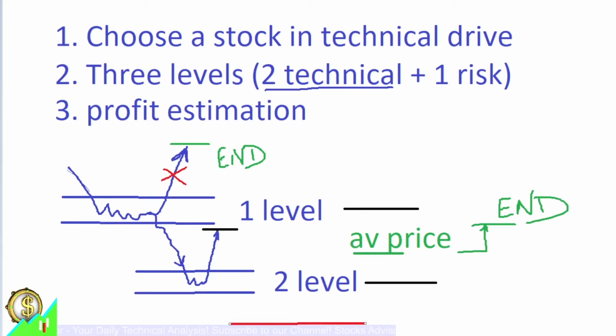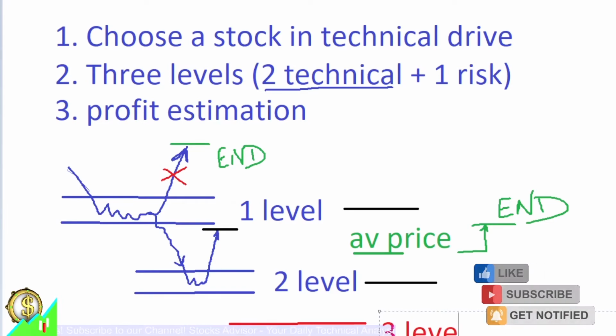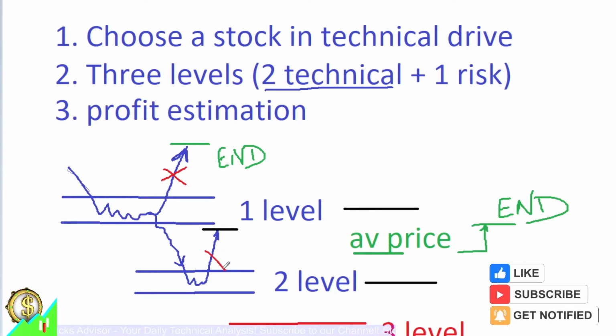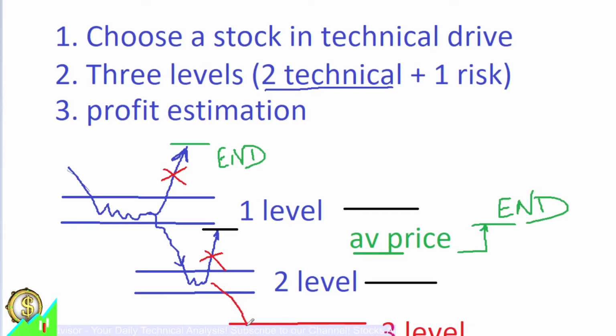And then we always provide you where you can buy again. And this level is not expected, because the first two levels you can expect. The third level is not expected. This is just kind of a news effect, simply speaking. And this is the level. If the price drops there, it's volatile, so you buy more.